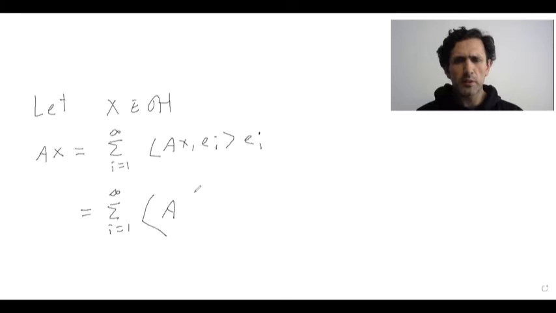So I'll use continuity in a moment. So it's A times this sum here, j equals 1 to infinity. I want to write X in terms of this orthonormal basis e_j, not write AX. I mean, you could do that, but it won't really get you all that much.